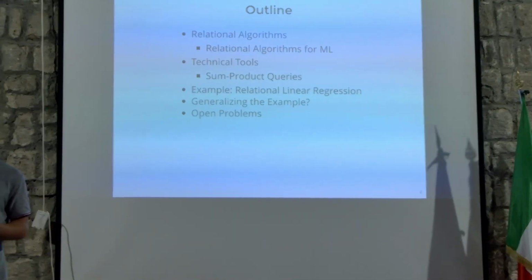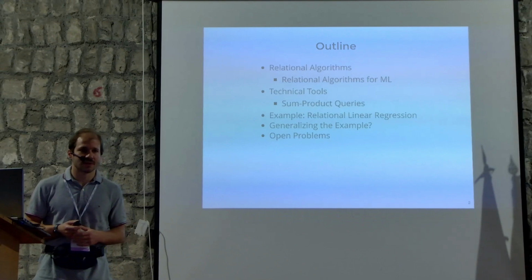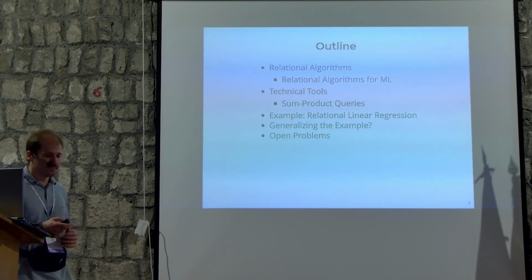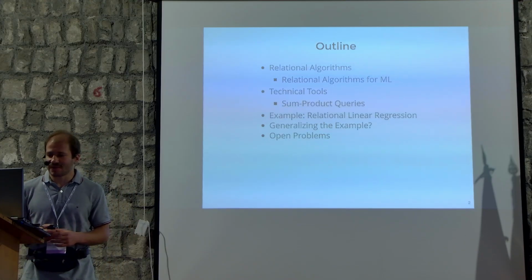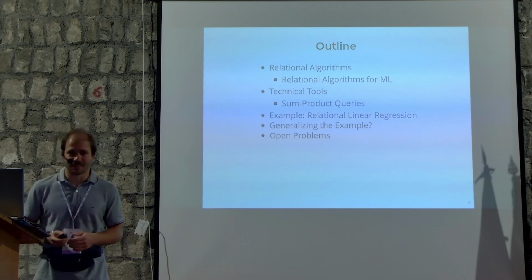Now, for the purpose of developing these algorithms, we will typically need some technical tools, which we call sum product queries. We will learn a bit about these queries and how to solve them efficiently so that we can use them to develop efficient relational algorithms. And then we will take a look at a specific example of a relational algorithm, specifically the linear regression algorithm in the relational setting. We will see how far we can generalize this example, and then we will end with some open problems.